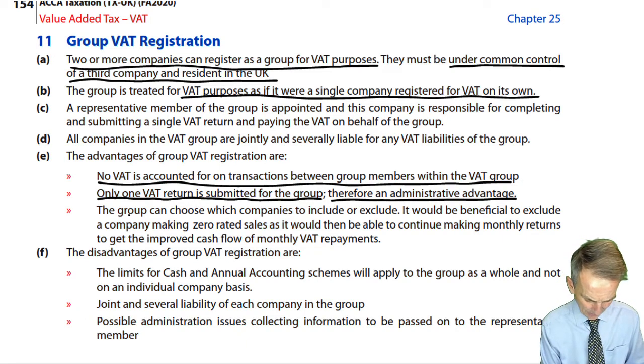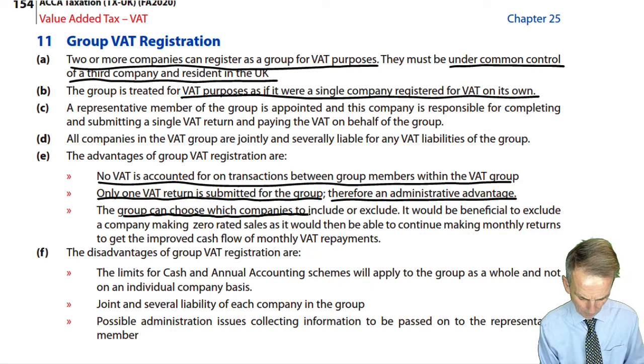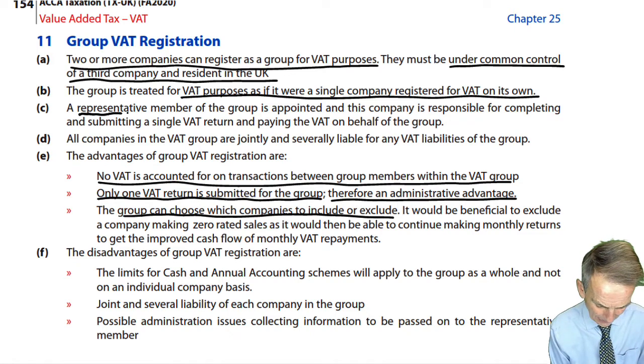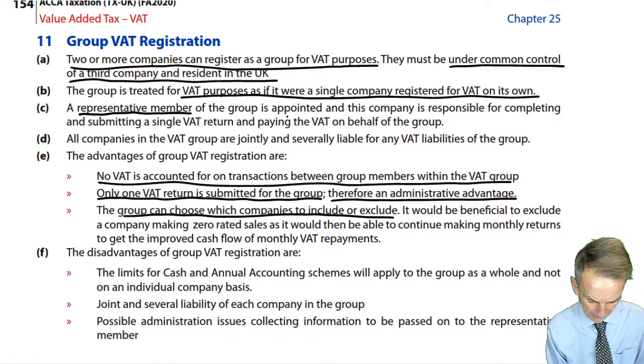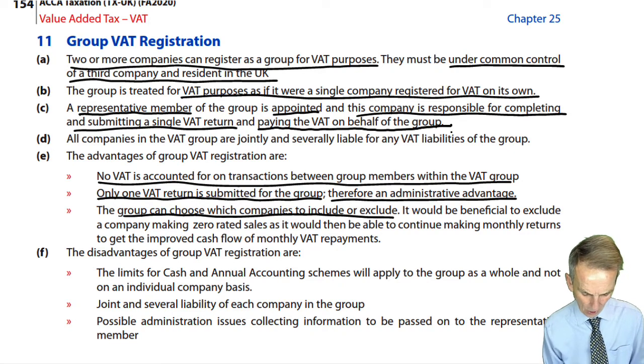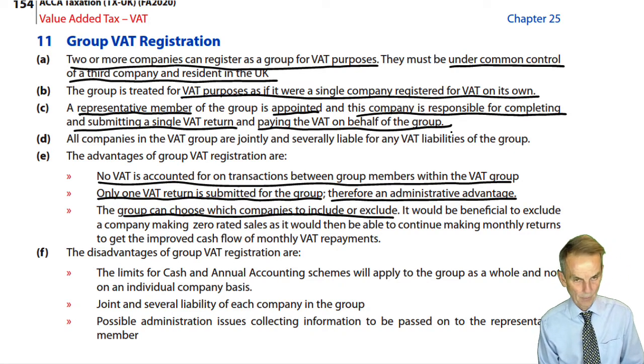As we've already said, the group can choose which companies to include or exclude. That's down to us to make that decision. In terms of who submits the group VAT return, the representative member of the group is appointed, and it's that company that is responsible for completing and submitting a single VAT return and paying the VAT on behalf of the group.